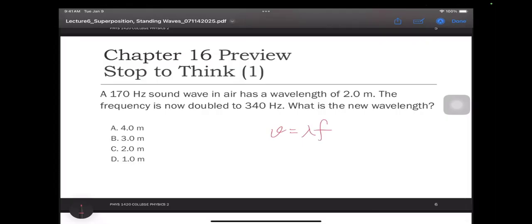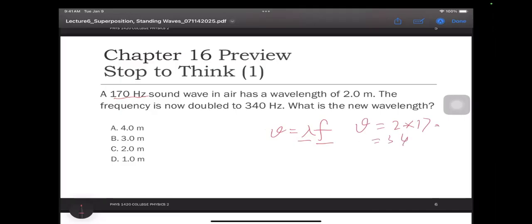A 170 hertz sound wave in air has a wavelength of 2.0 m, which means you know the frequency and you know lambda, so you will know the velocity. Does it make sense? Velocity equals 2 times 170, which is 340.